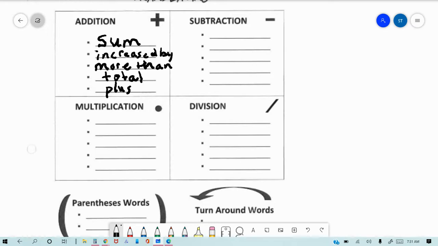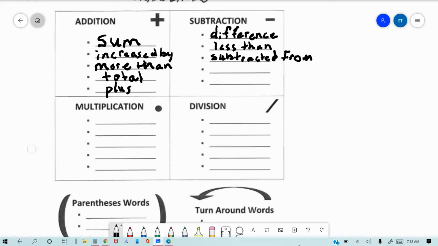Okay, subtraction, we're going to use words like difference. Sorry, that is an F. We're going to use less than. We're going to use subtract. Sorry, subtracted from.